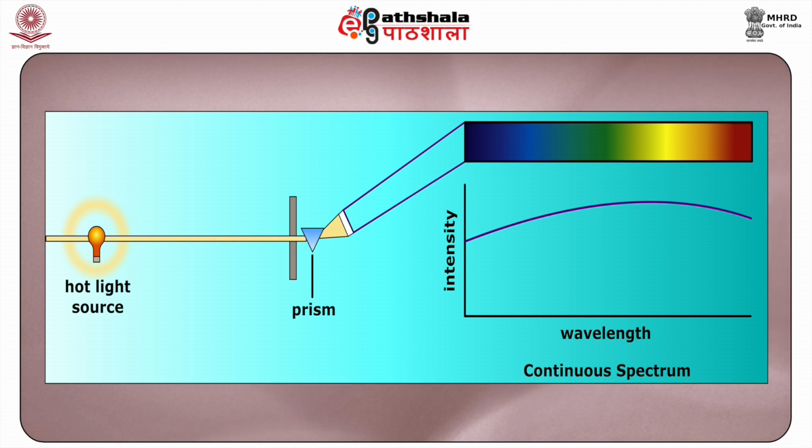It is the spectrum of electromagnetic waves that involves a wide range of the wavelengths. In the visible portion of the electromagnetic spectrum, a continuous spectrum would look like a rainbow. It has been depicted, which shows the spectrum of a common incandescent light bulb, which spans all visible wavelengths without interruption.